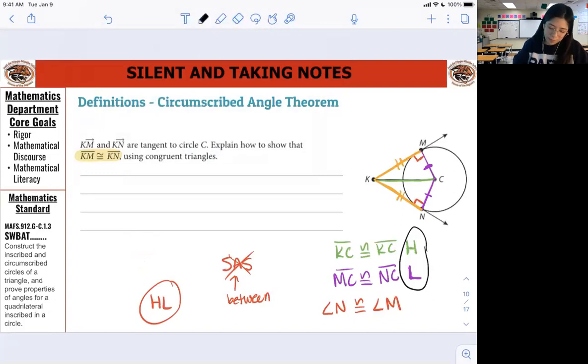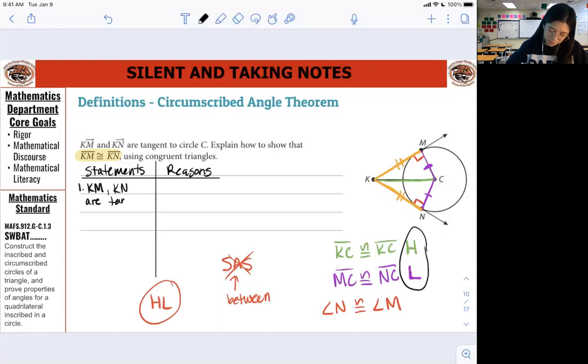So I'm going to write it down in proof form, just to really get it down. We just did a proof with no fill in the blanks. It was all by ourselves. First statement we have is that KM and KN are tangent, given.